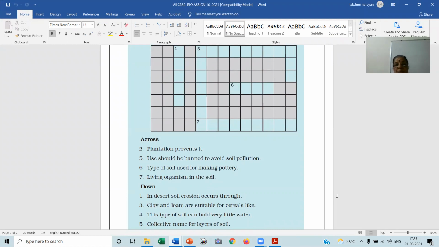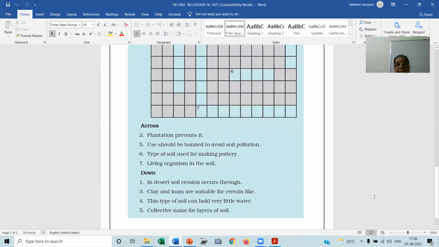Type of soil used for making pottery, that is clayey. Living organisms in the soil. And then in desert, soil erosion occurs through wind. Clay and loam soil are suitable for cereals. This type of soil can hold very little water. Collective name for layers of soil. Okay? Look for the answer.